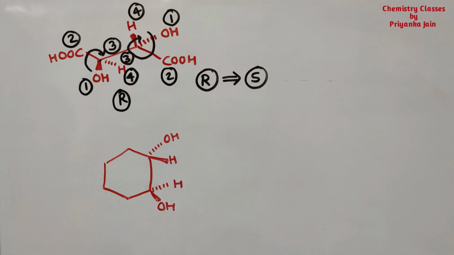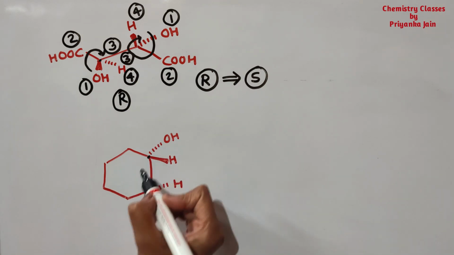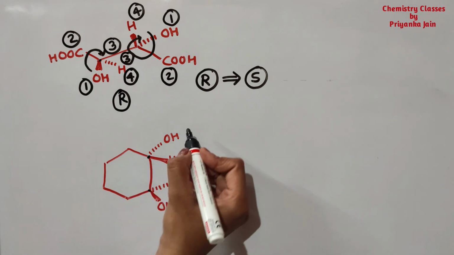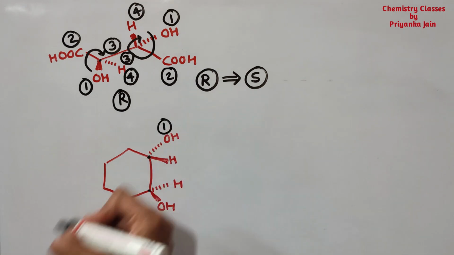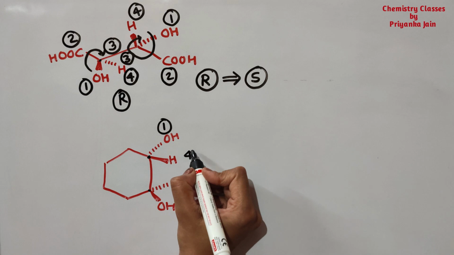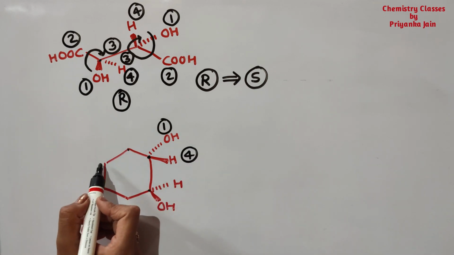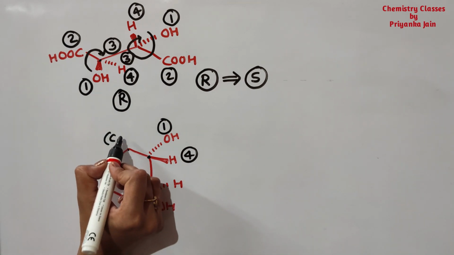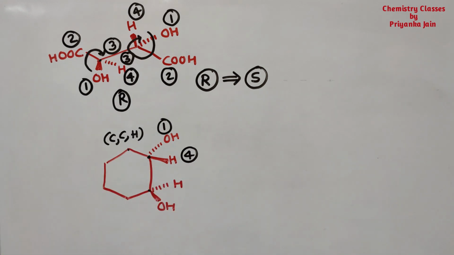Now see, in this structure, suppose you have been given a structure of this type, then what will you do? Firstly see at this carbon atom, then we will see at this carbon atom. Both are chiral centers. At this carbon, one group will be given first priority, and this will be given fourth priority. Now at this group, one carbon, another carbon and one hydrogen are attached.